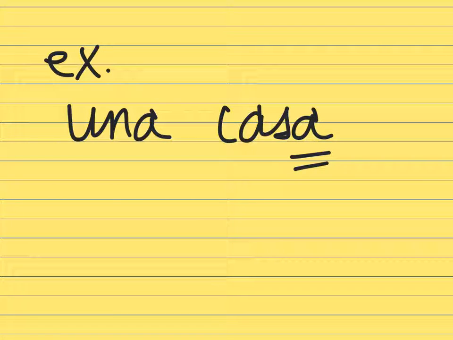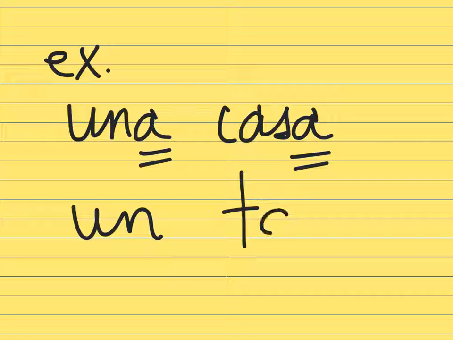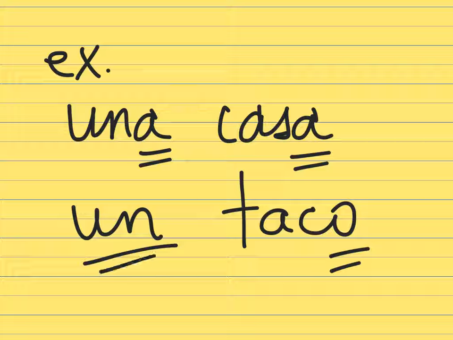The noun ends in a, so you use the indefinite article with the feminine form, of course, in singular. The masculine would be un taco. It ends in o, so we use the masculine form of the indefinite article.